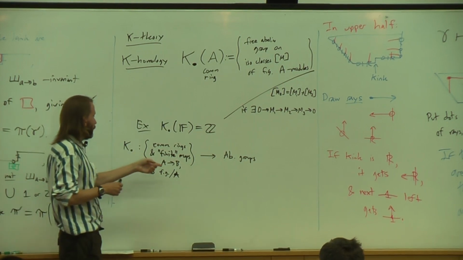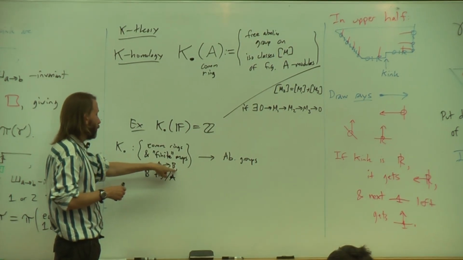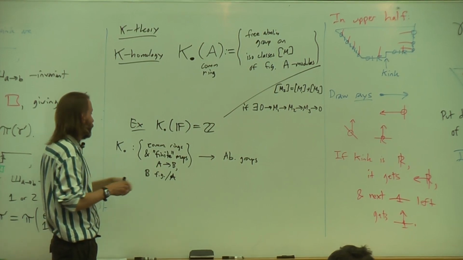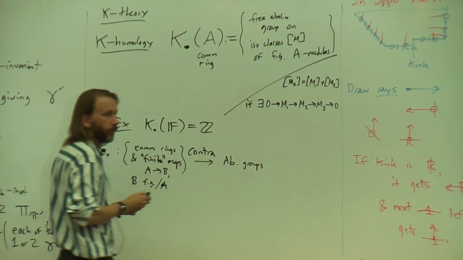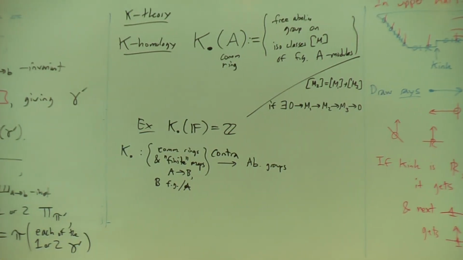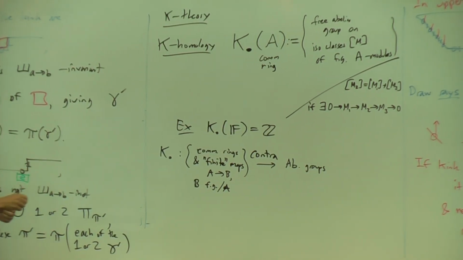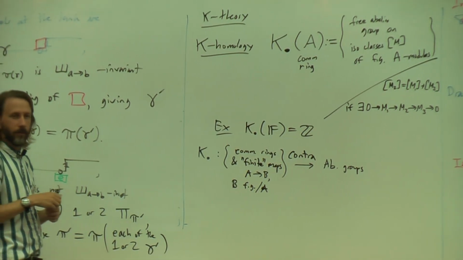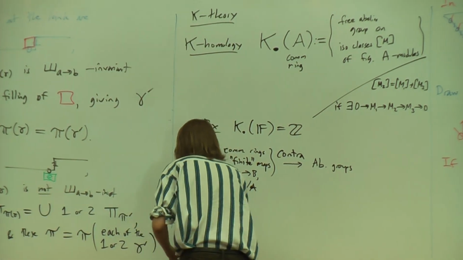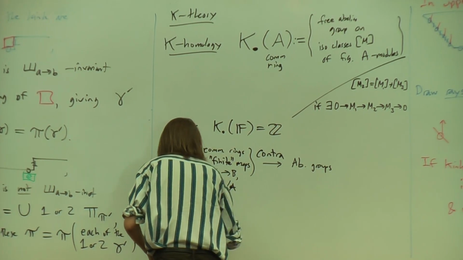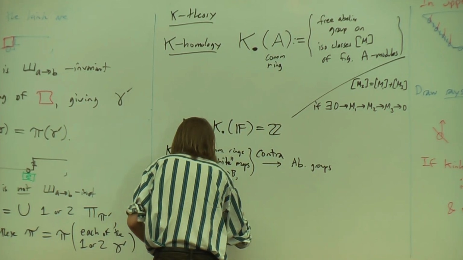So what kind of a functor is it? If I have a module over B, it becomes a module over A. So this is contravariant. So it's kind of funny that it's called homology and has a lower star. It's contravariant. So we fix that by saying, oh, we don't want to think about commutative rings. We want to think about affine schemes.